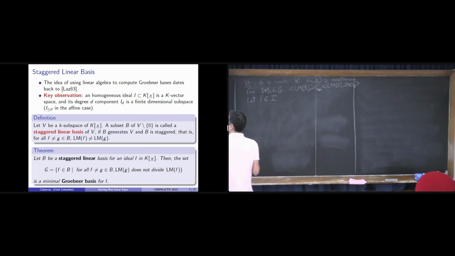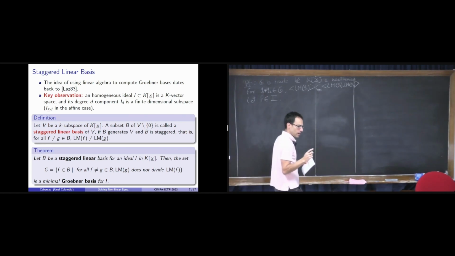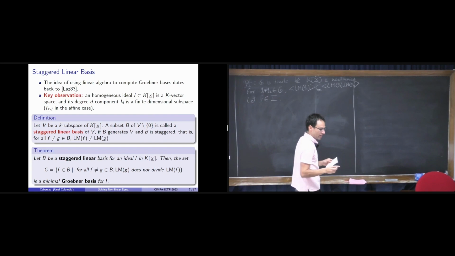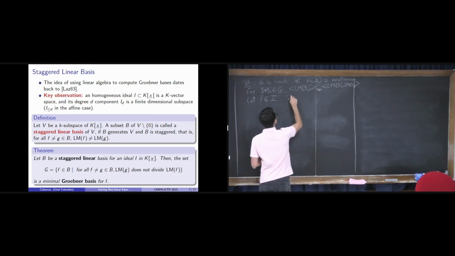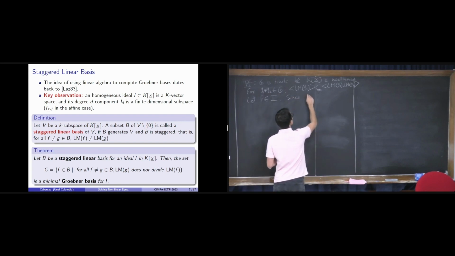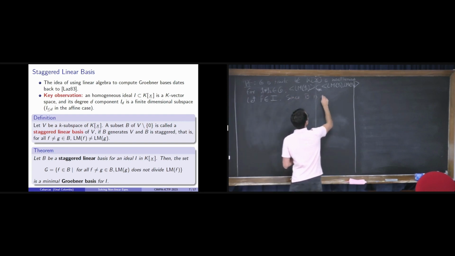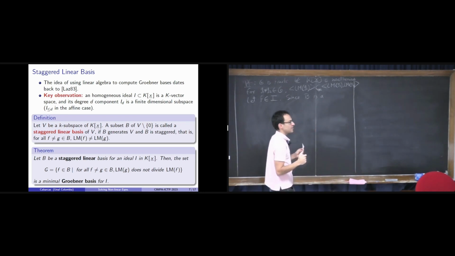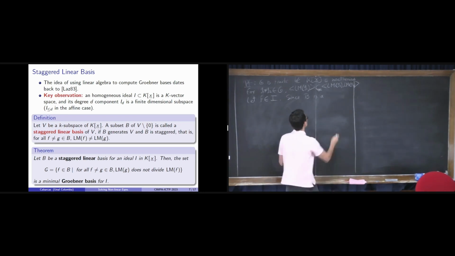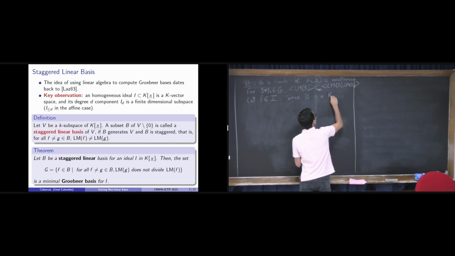Since B is a staggered linear basis, we can write F in terms of the f sub i's, right? Since B is a basis, and it's a basis in the sense of a vector space. So I'm going to say here a K basis to emphasize that.